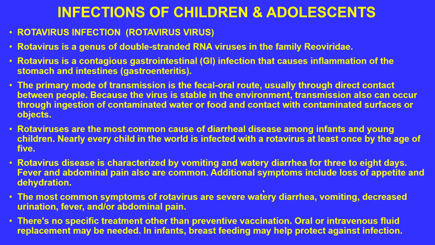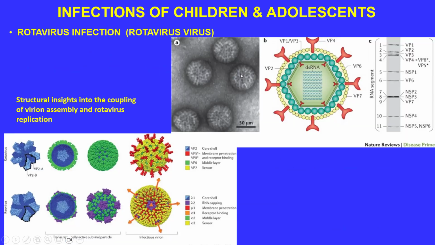It was out for a bit and caused gastrointestinal problems with the children. But then they have begun to work on another one that's soon going to be approved by the FDA, I believe. Now, oral and intravenous fluid replacement may be necessary. In infants, breastfeeding can help prevent against the infection because in those cases, mom's sharing antibodies with the child.